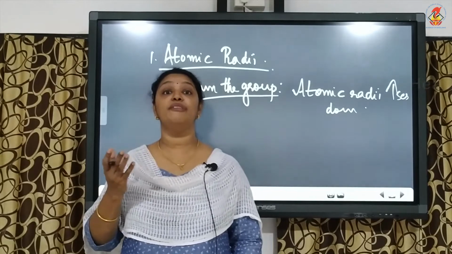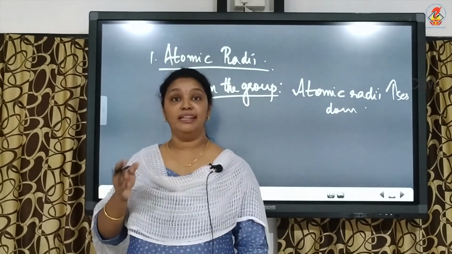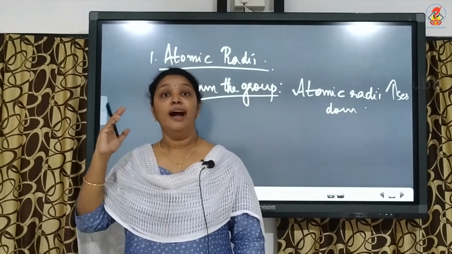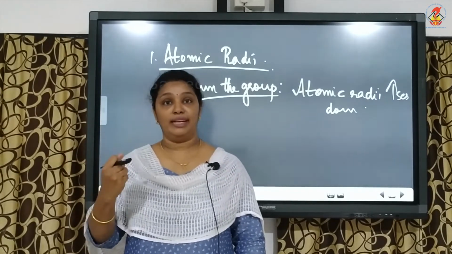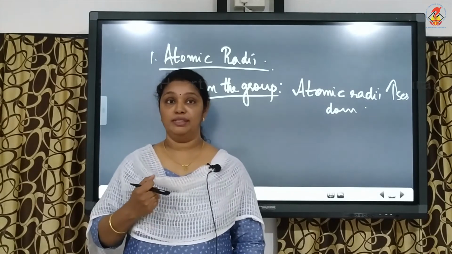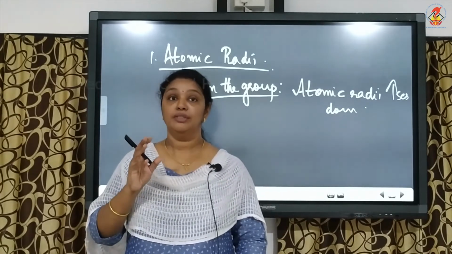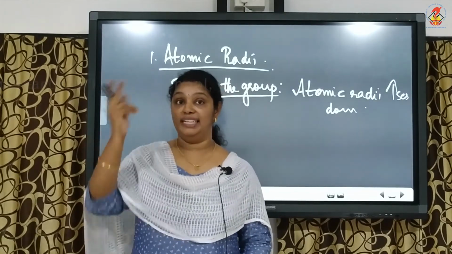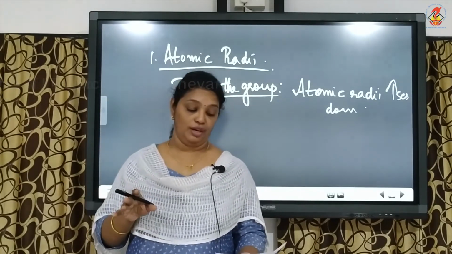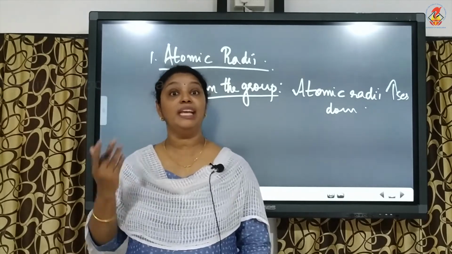What do you mean by screening effect by inner electrons? The inner electrons will not allow the outer electrons to get attracted by the nucleus. So, there is a screening effect also, and that screening effect is more compared to the increase in nuclear charge. So, what happens if the screening effect is more?